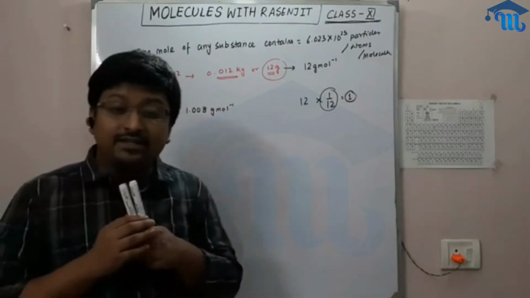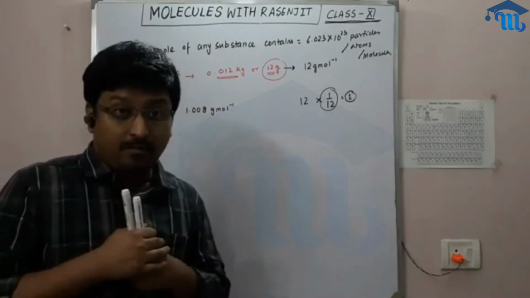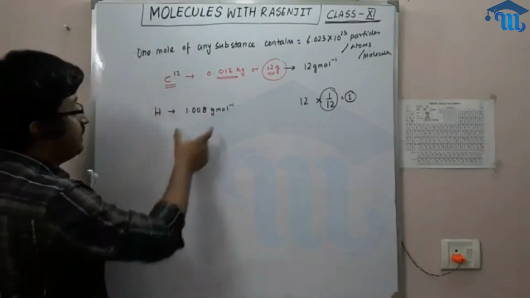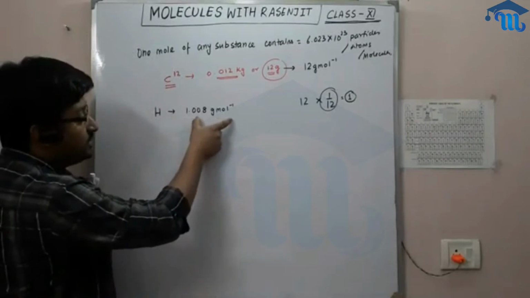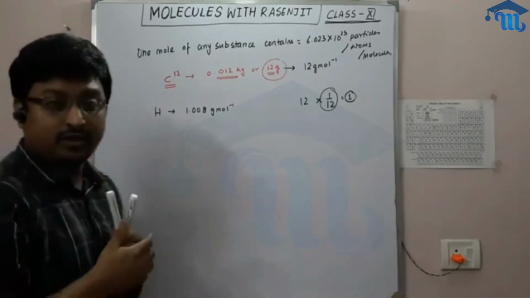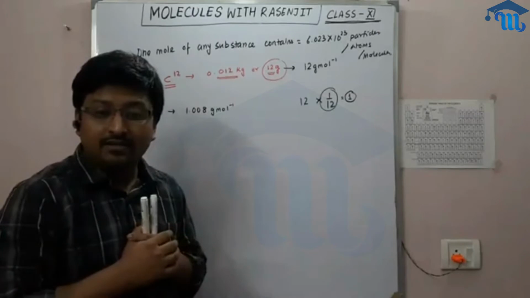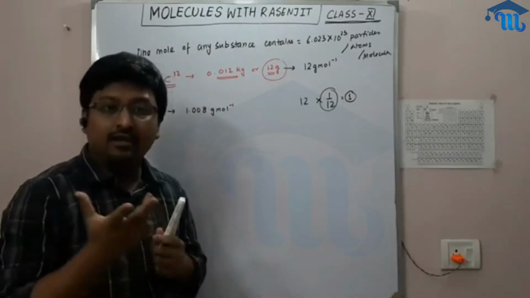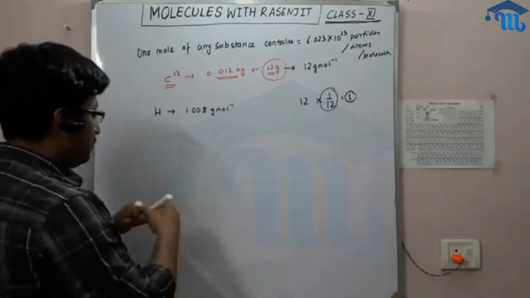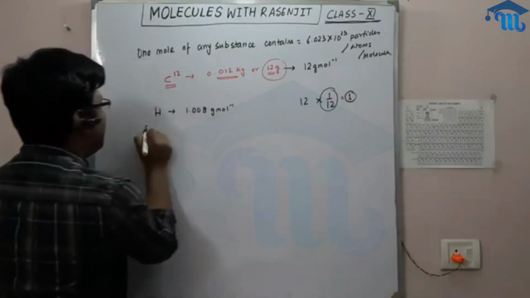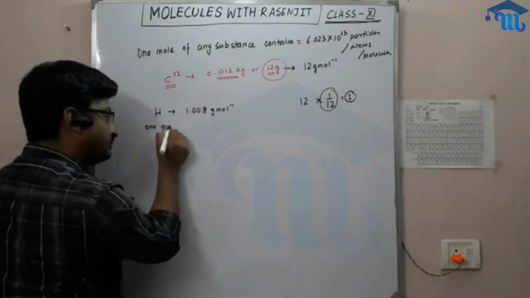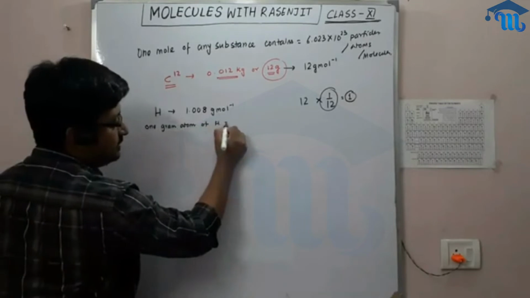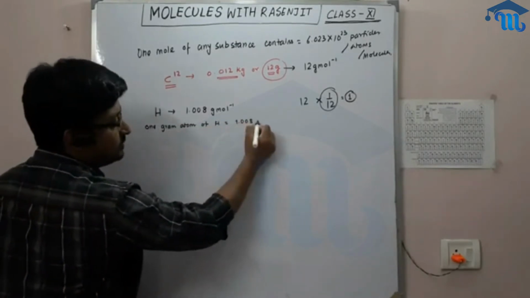Now, back to our problem, hydrogen contains 1.008 gram per mole. This is the atomic weight of hydrogen. That means 1 gram atomic mass of hydrogen is nothing but 1.008 grams.